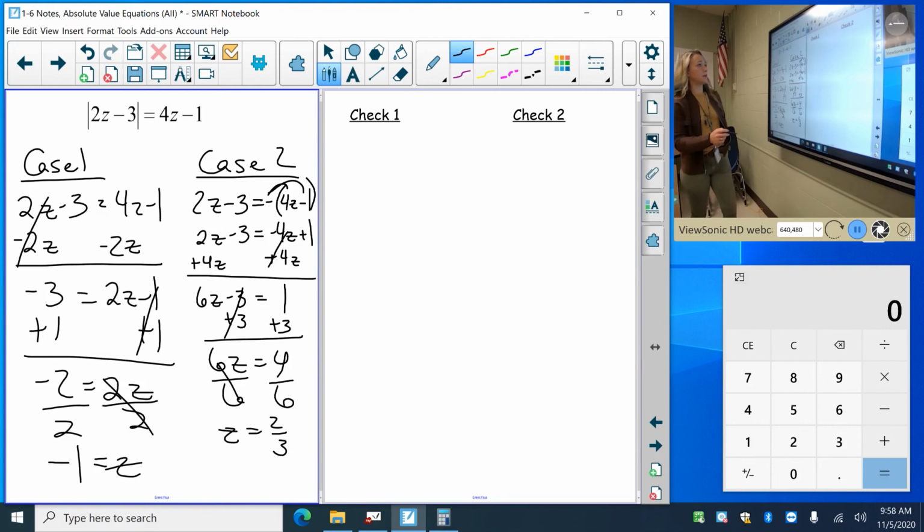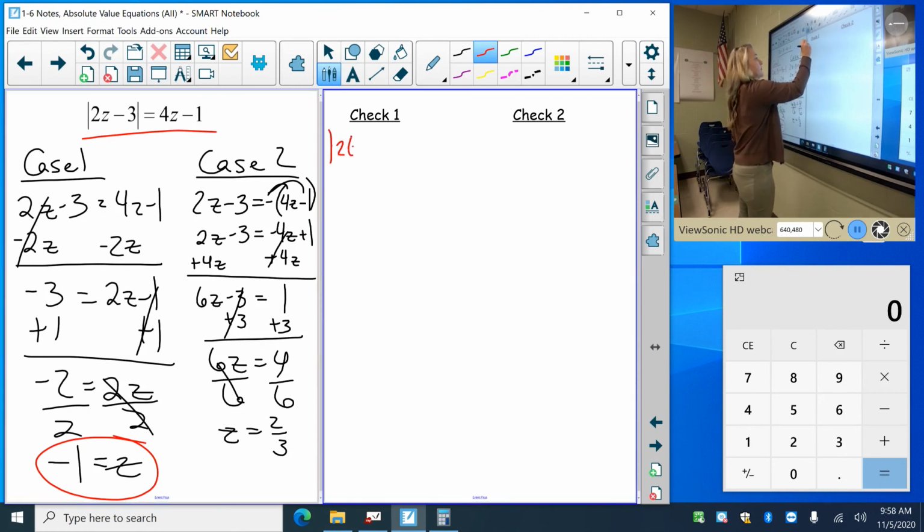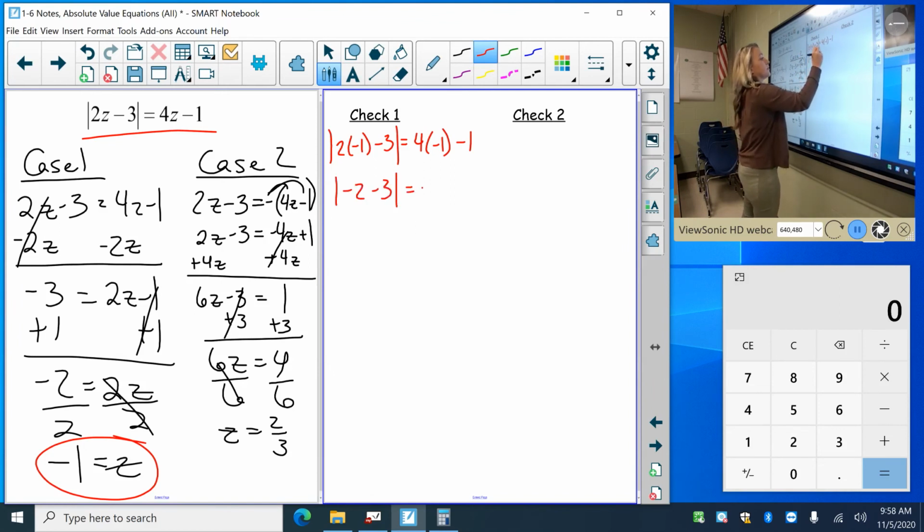So now to do my checks, I'm going to take negative 1 and plug it back into the original equation. So I have the absolute value of 2 times negative 1 minus 3 equals 4 times negative 1 minus 1. So I have the absolute value of negative 2 minus 3 equals negative 4 minus 1.